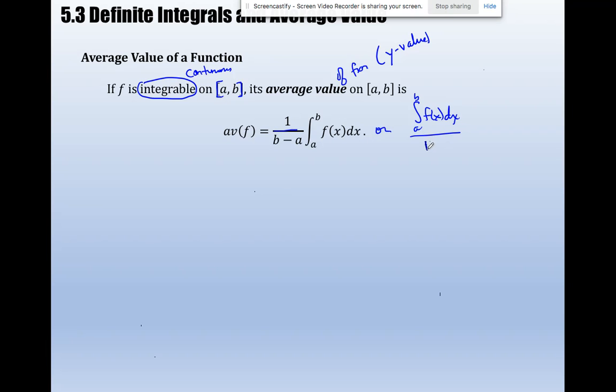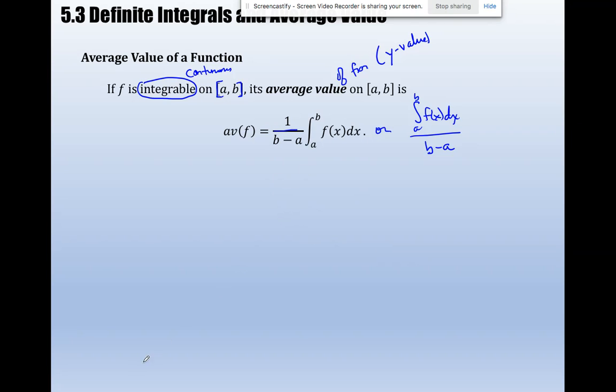If you are continuous on a closed interval, then the average value of the function, which means a y value, on that closed interval, is 1 over the interval times the integral, which of course is the same thing as the integral divided by the interval.